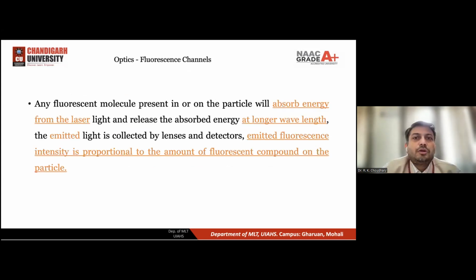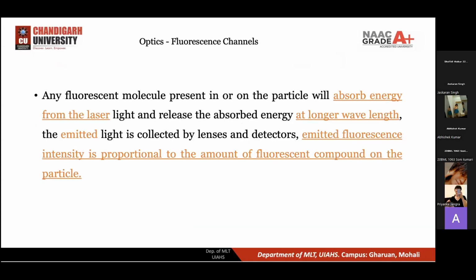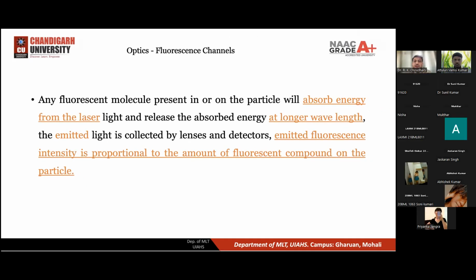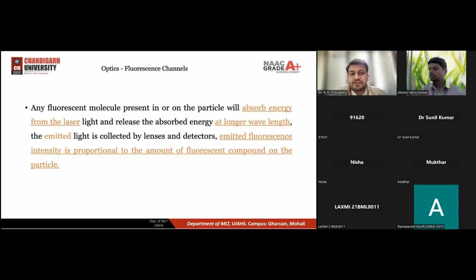Now, what happens in the optic fluorescence channels? Any fluorescent molecule present on the particles will absorb energy from the laser light and release the absorbed energy at a longer wavelength. The emitted light is collected by a lens and detector.